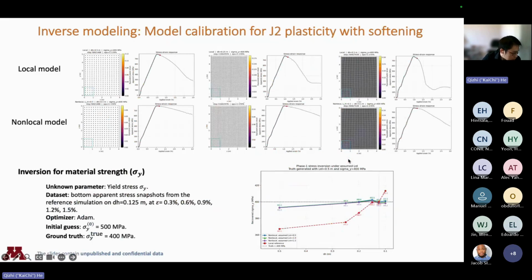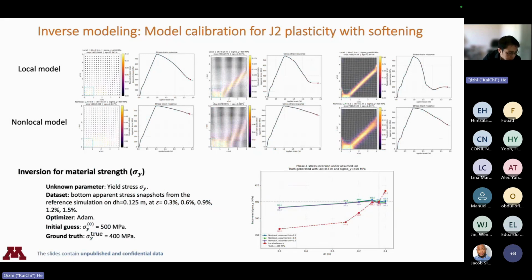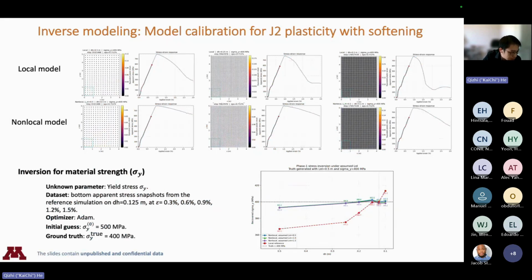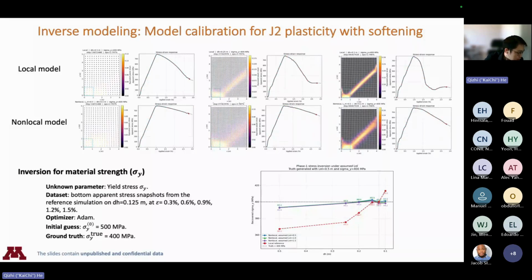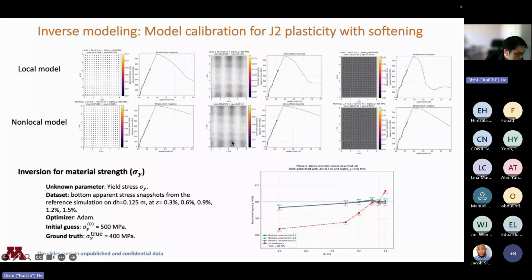This is some ongoing work, not published yet, but we are trying to handle some challenging problems with softening. If we really observe a shear band, can our model still do the job? And we are getting a very promising result, as you can see here, no matter for the local model or the non-local model.